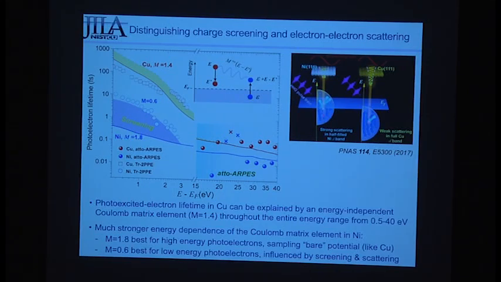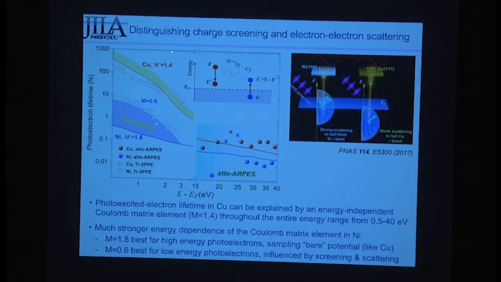But then we tried to use that information and connect it to something people might be interested in understanding, which is that the bare Coulomb interaction matrix that we can measure using this technique is not so energy dependent. So we should be able to extrapolate our data down to the Fermi level. And so this is our attosecond RPES measurement, measuring lifetimes on the order of 10 attoseconds. This is two-photon photoemission measurements.